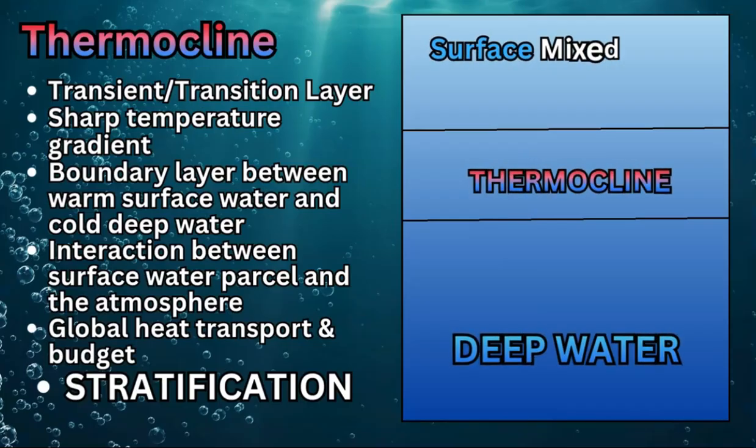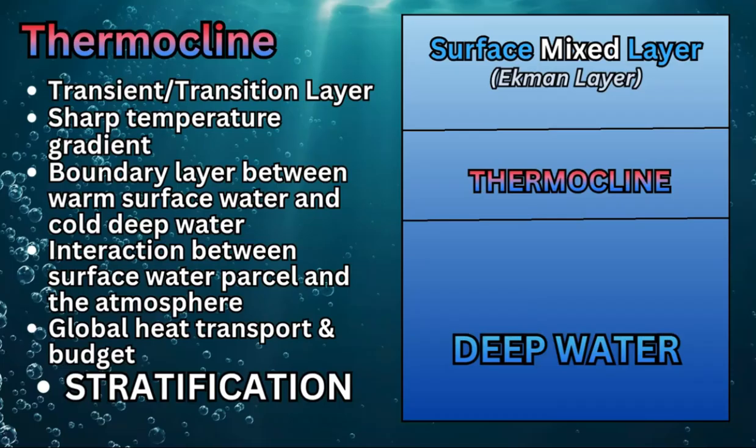As mentioned previously, the world's oceans are divided in a vertical water column into three layers. The top mixed ocean layer, or the surface layer, which is called the Ekman layer, then the thermocline, and then the deep water.